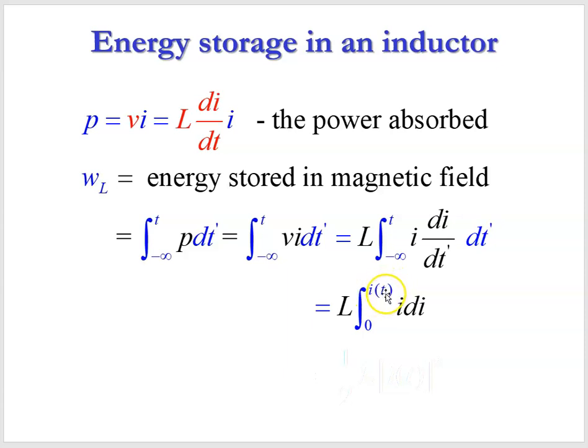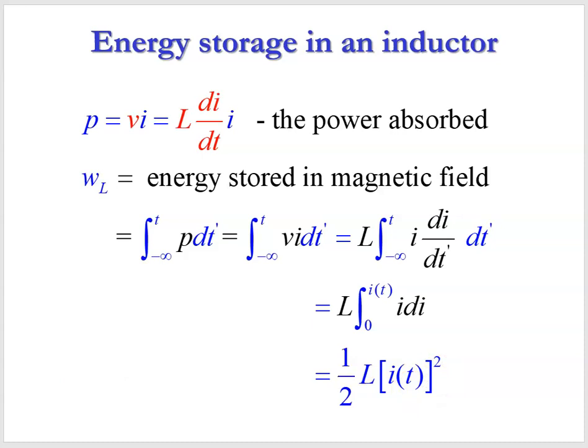So we integrate from 0 current to i at time t of L i di. Integrating i di, we just have 1/2 i squared, so we end up with 1/2 L i(t) squared. So that's the energy stored in our inductor.